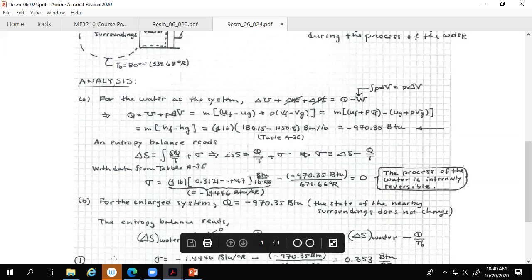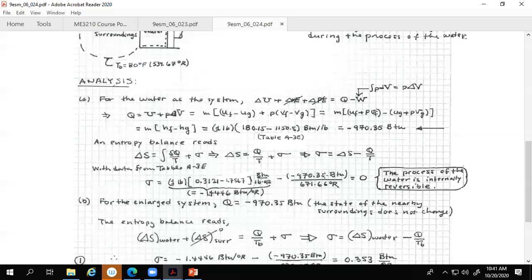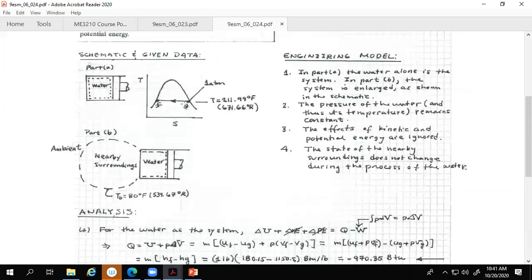We can juggle this around and solve it for the production, so it's delta S minus Q over T. Here are our entropy terms: S of the fluid minus S of the vapor, minus the heat transferred out, minus 970, over the temperature at which this occurs, which comes right out of the steam tables. You just look that up.